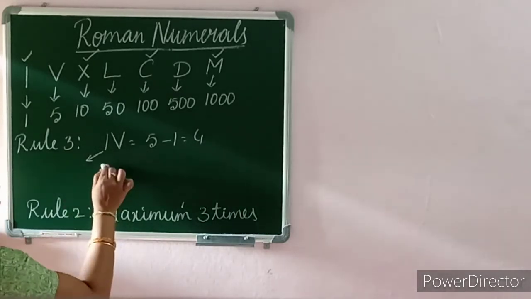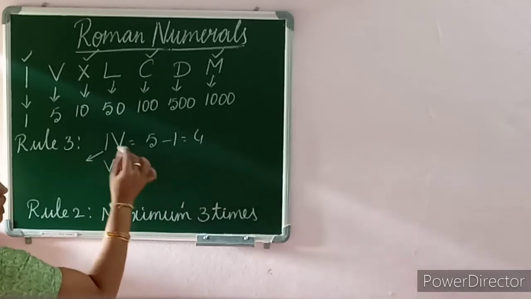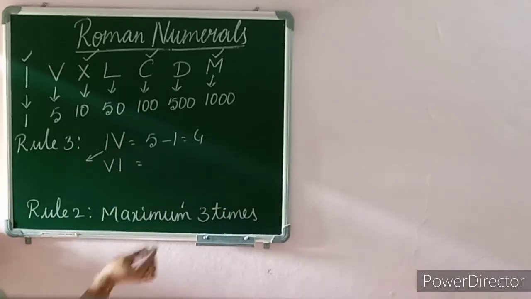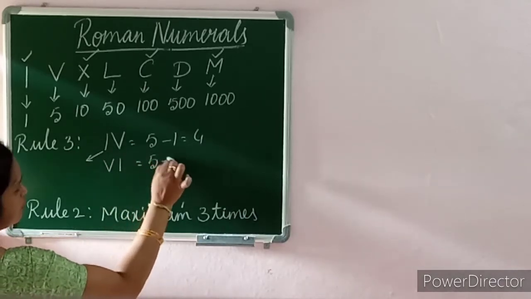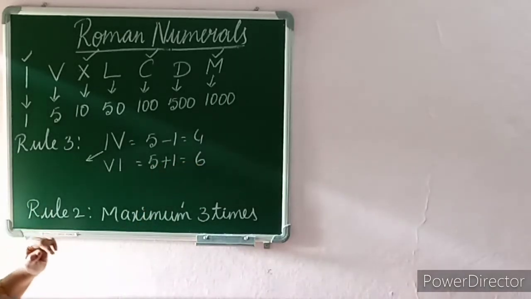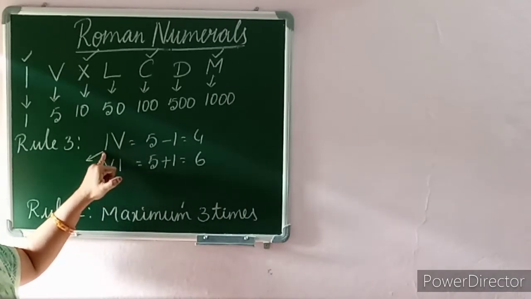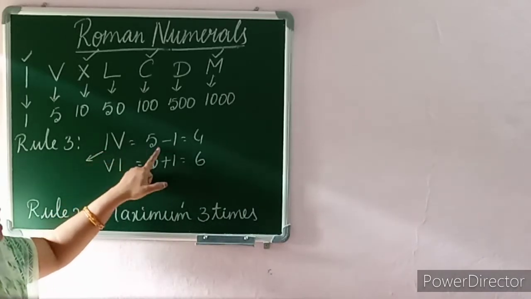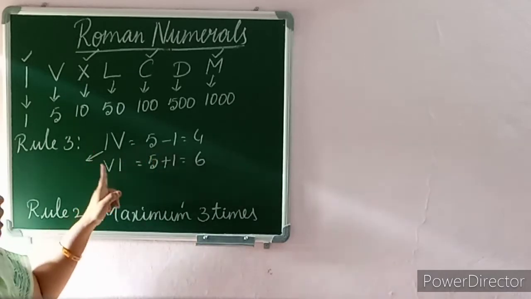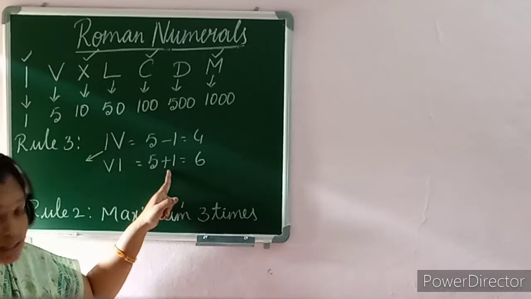Or if I place a smaller value to the right side of the greater value, then you are saying 5 plus 1, which is 6. So you need to remember that before a greater value, if you write a small value, you are subtracting. After a greater value, if you write the smaller value, you are adding.